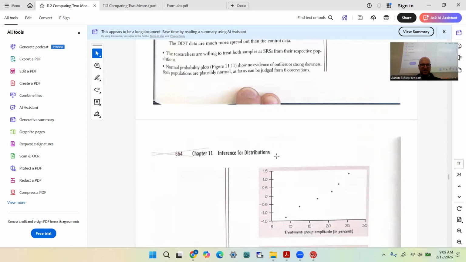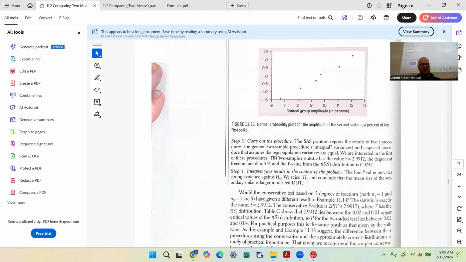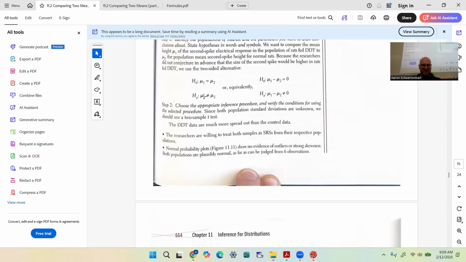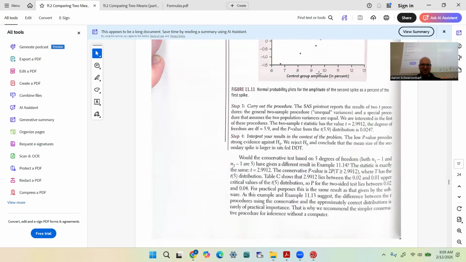What does that mean? H naught was rejected and H alternative was accepted. So we conclude that, I need to look at this. This just said they were not equal. So this is a not equal case, and the low p-value is strong evidence against H naught. We reject H naught and conclude that the mean size of the secondary spike is different.